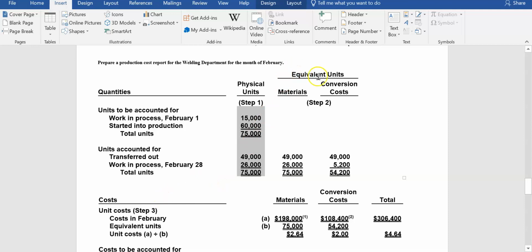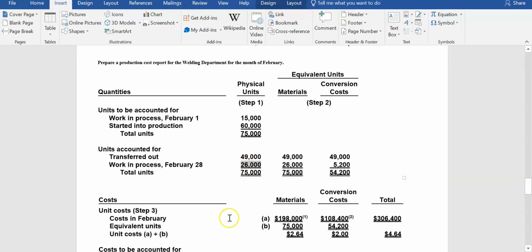Now let's calculate equivalent units. To calculate equivalent units, we take the number of units times their percentage completion. For the units transferred out, they wouldn't have been transferred out if they didn't have all their materials and if they didn't have all of their conversion costs. 49,000 times 100% complete with respect to materials, 49,000 units. 49,000 units times 100% complete with respect to conversion, 49,000 equivalent units.